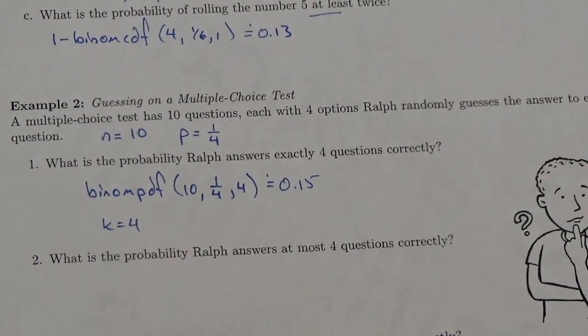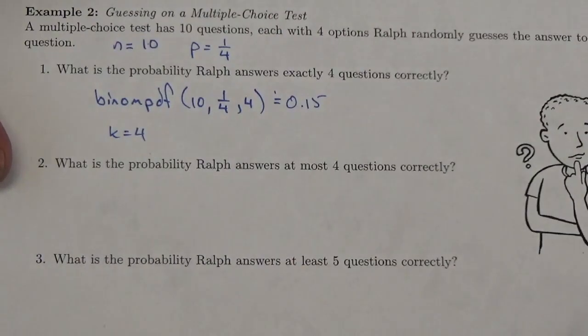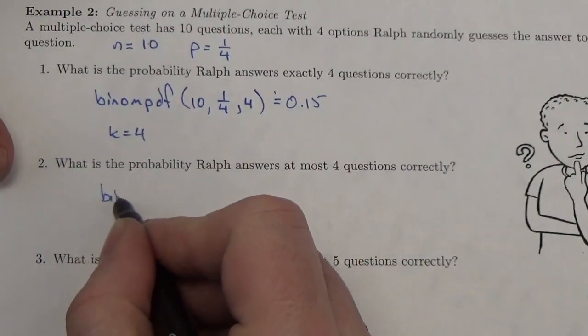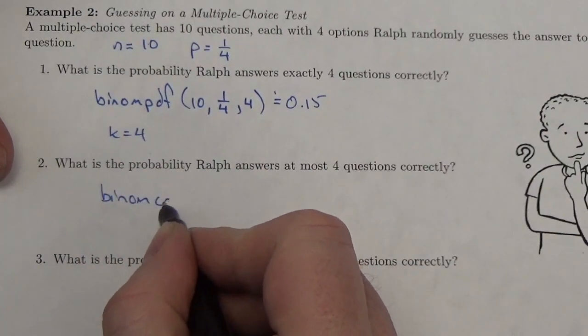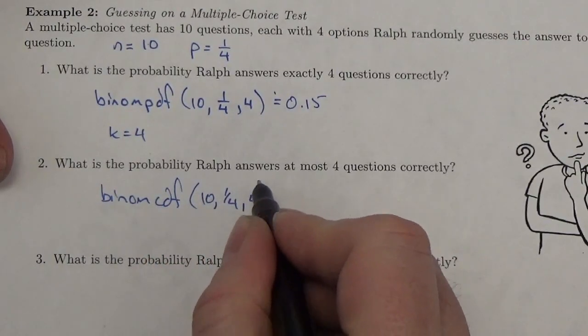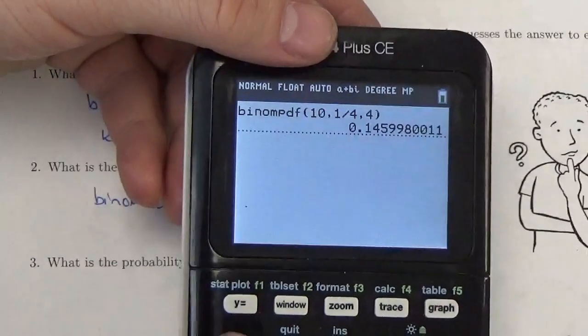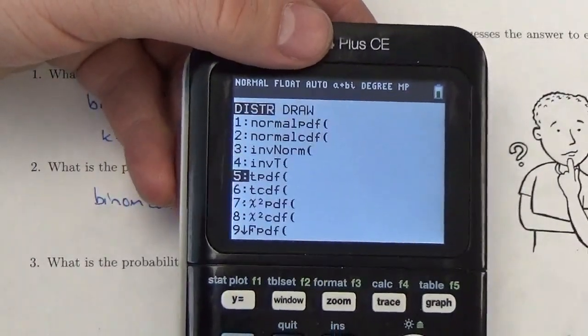Now, what is the probability that Ralph answers at most 4 questions correctly? Well, that is our binomial CDF problem. And it looks the same. It's just a matter of changing that function to a binomial CDF.